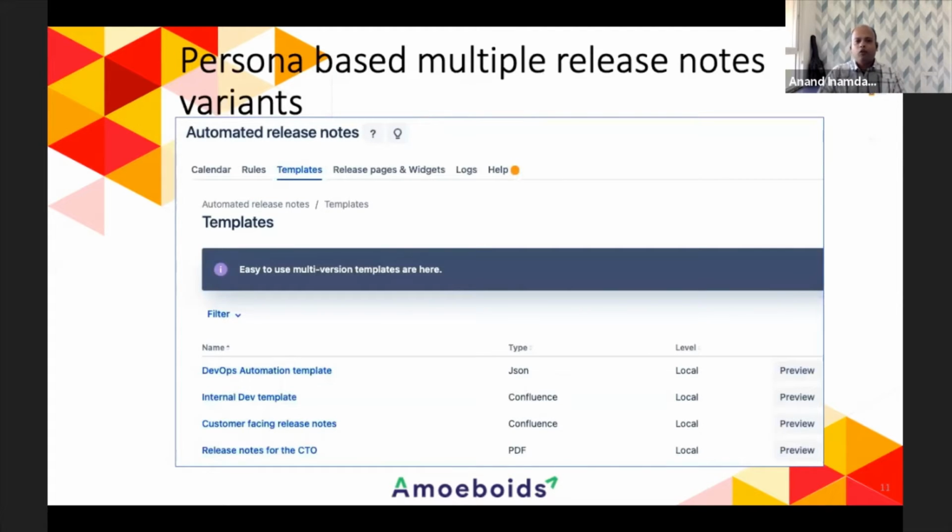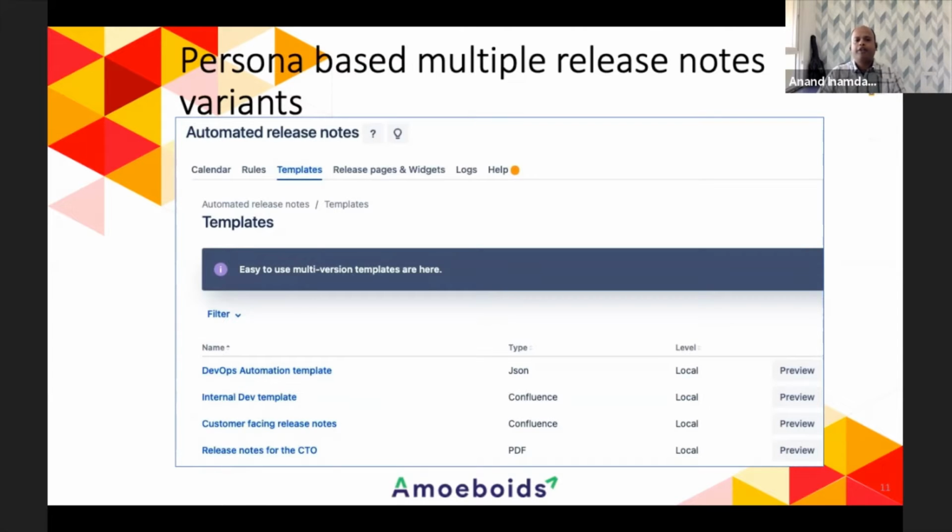Then, one of the points earlier called out was also not creating a single release note document for all of your audiences. No, that's a bad idea, right? So create multiple variants of the release notes document based on who is supposed to read that document.